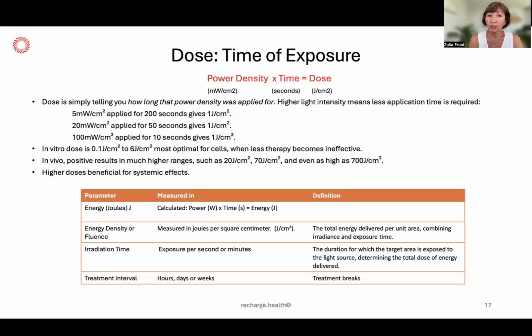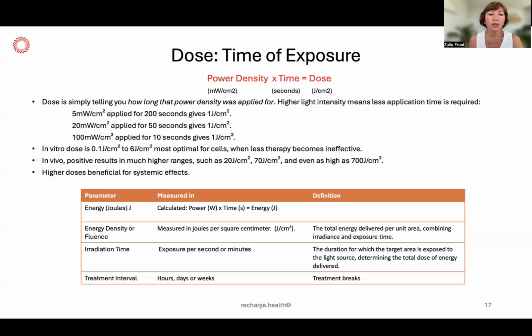Now, let's talk about the dose. Dose is super important. Time of exposure. I've got this formula for you. I put it in red. Power density times time equals dose. So if we refer to power density as milliwatts per centimeter square and time is in seconds, then the dose will be joules per centimeter square.